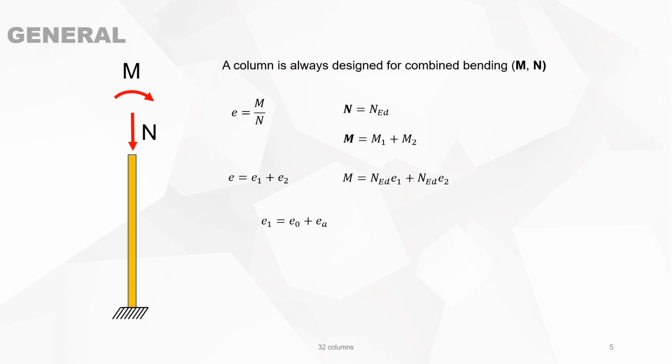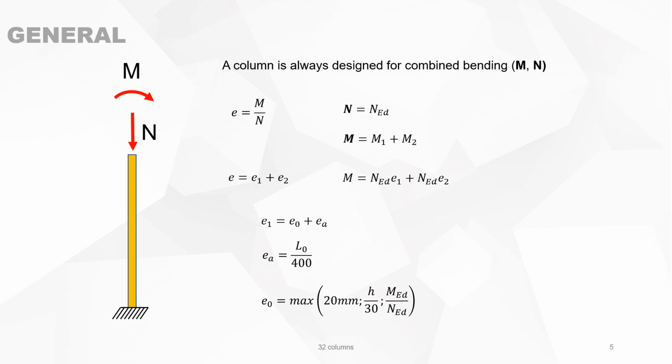E1, the first order eccentricity, is E0 plus an accidental eccentricity. And the accidental eccentricity is the effective length of the column divided by 400, effective length in millimeters.